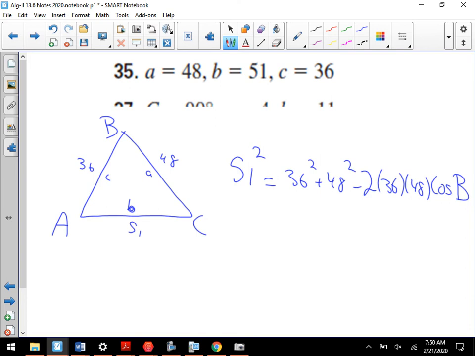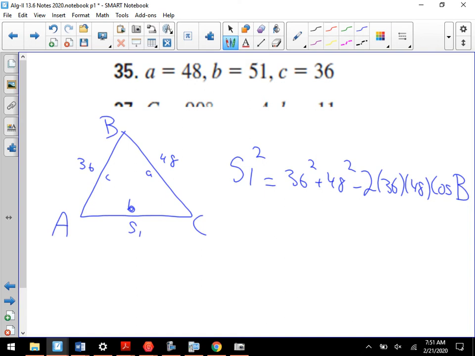And this is where we get into having to press a whole bunch of buttons. Remember, this really is nothing more than a two-step algebra problem. If you want to break it into smaller chunks, go for it. It's easier to work through. So what I would do right off the bat is 51 squared, subtract 36 squared, subtract 48 squared, and hit enter.